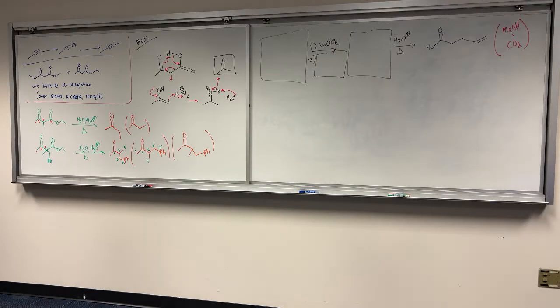First of all, there are more carbons here than there are here. Do you agree? Yes. Alpha carbon, active carbon. Well, how are you going to get this to be a carboxylic acid?